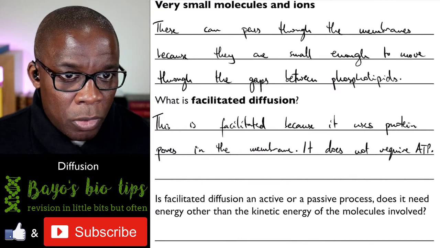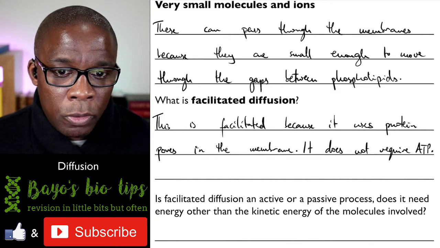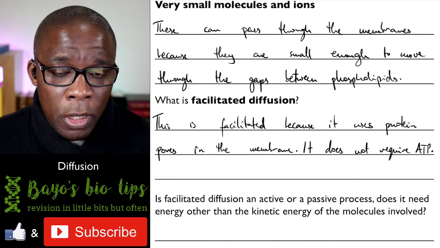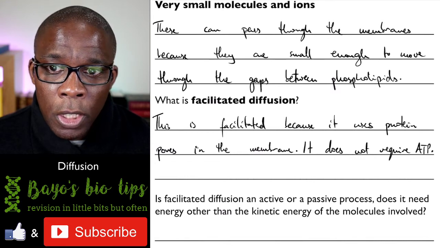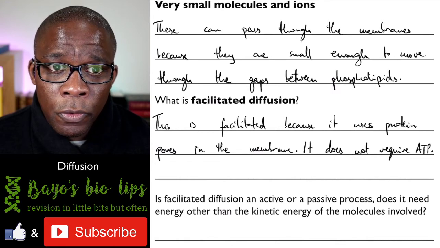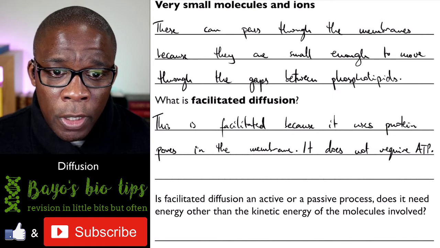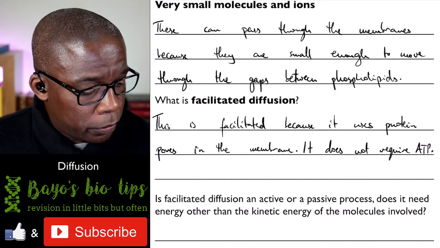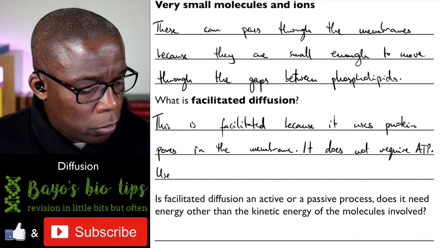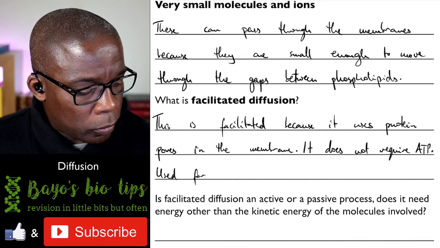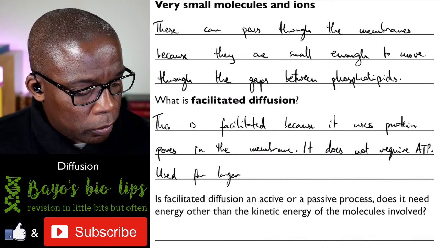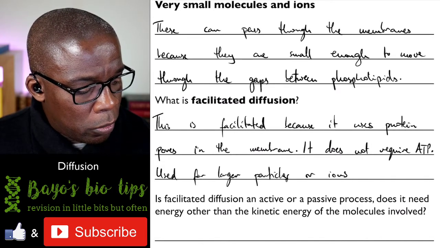And examples of situations where this would be necessary would be, say for instance, ions trying to move through, or very large molecules. It's used for larger particles or ions.